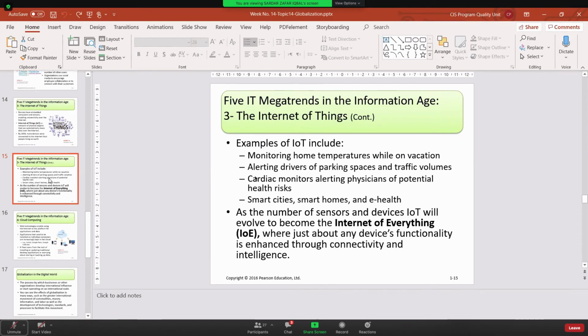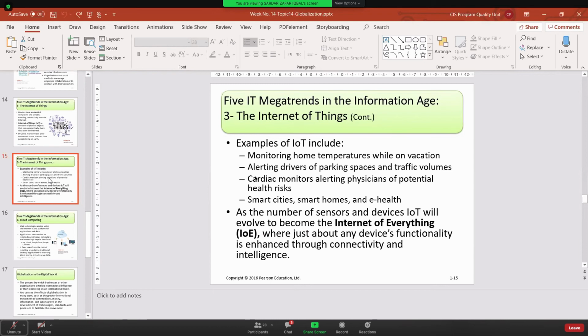Examples of IoT include monitoring home temperatures while on vacation, alerting drivers of parking spaces and traffic volumes, cardiac monitors alerting physicians of potential health risks, smart cities, smartphones, and e-health. There are a number of things available nowadays.